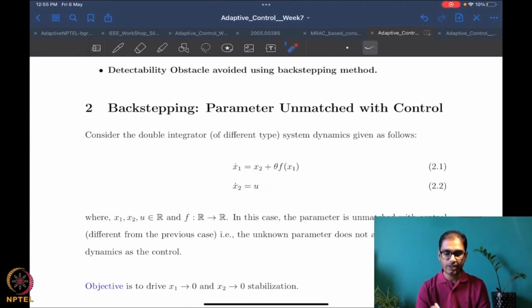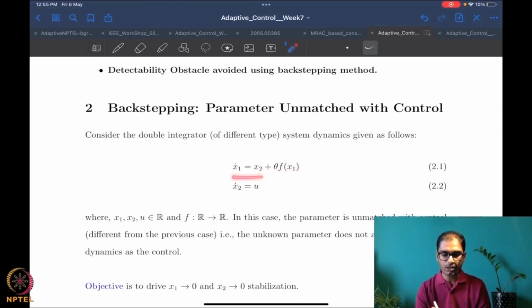So here we have changed the problem, for good reason. It may not always be the case that your unknown parameter appears in the same dynamics as the control. It may so happen that the parameter appears in a different piece of the dynamics. So we have flipped the problem.